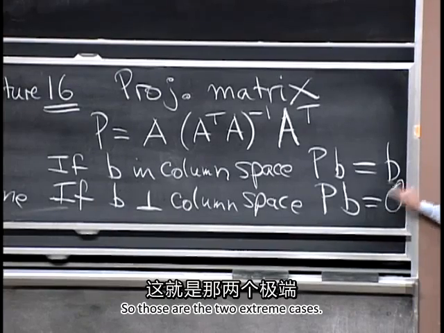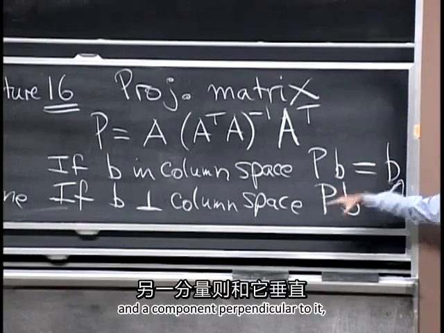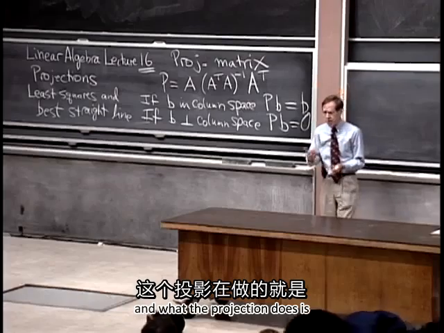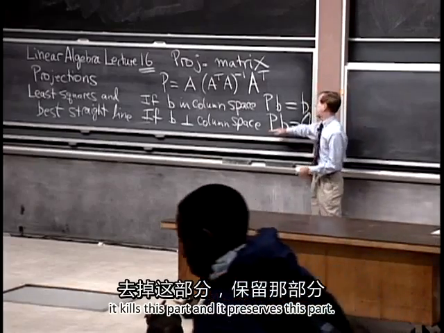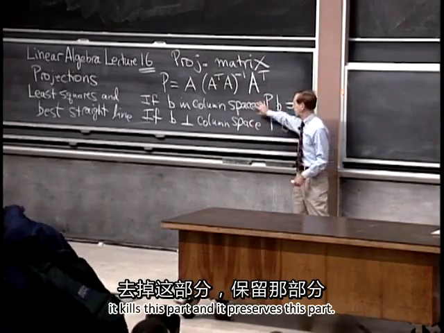Right. So those are the two extreme cases. The average vector has a component p in the column space and a component perpendicular to it. And what the projection does is it kills this part and it preserves this part.